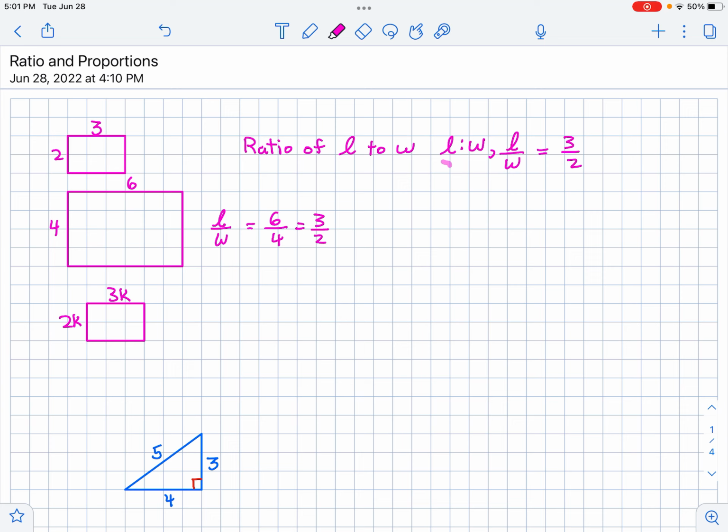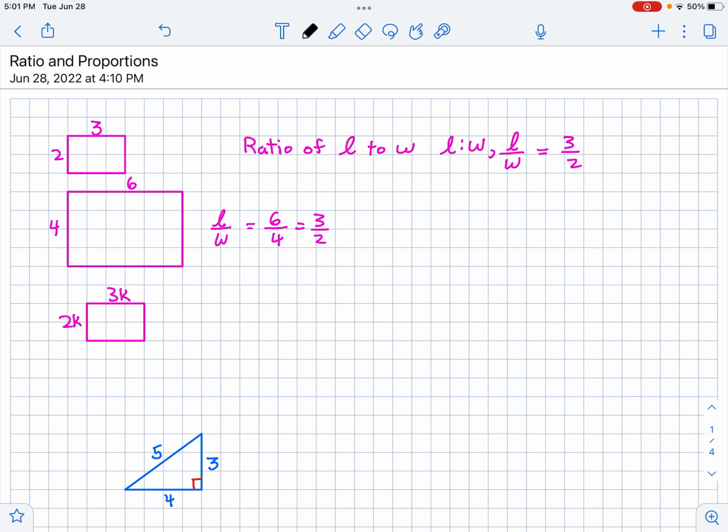Now let's see what happens. No matter what happens in this rectangle, we want to maintain that ratio, 3 to 2. So knowing that's the ratio of length to width, here's what happens. Let's suppose we increase the size of the rectangle, and double each side.